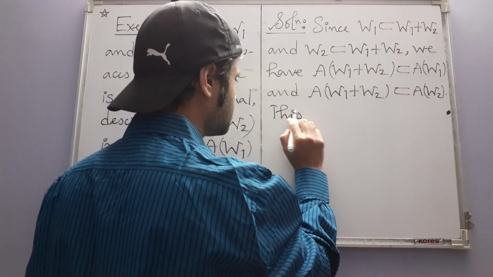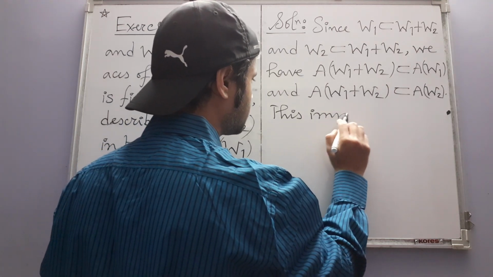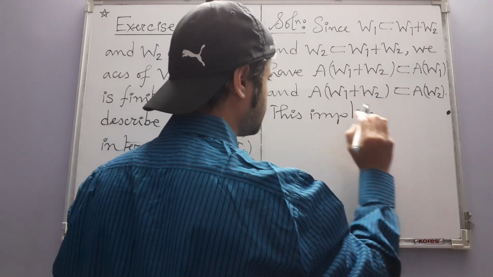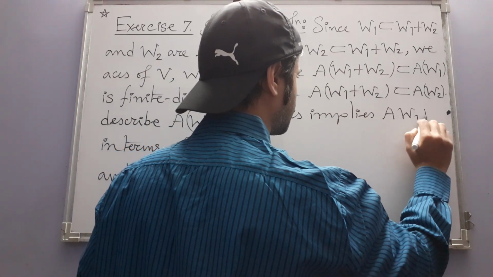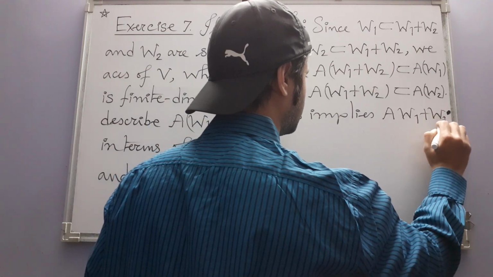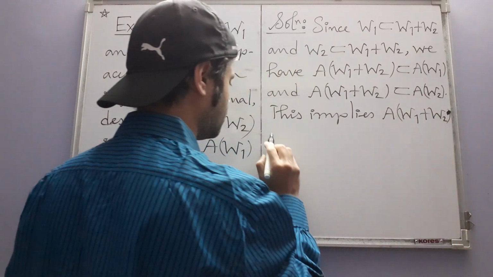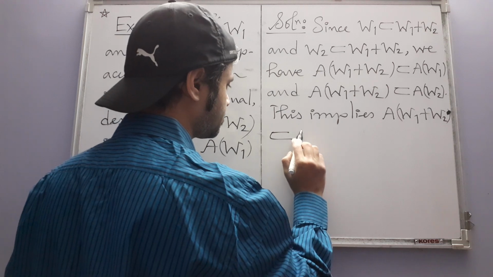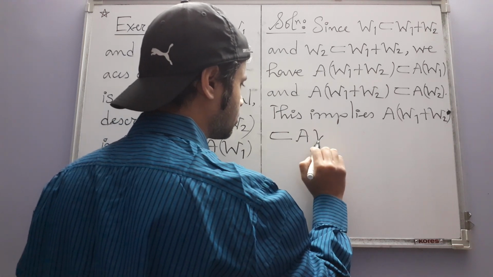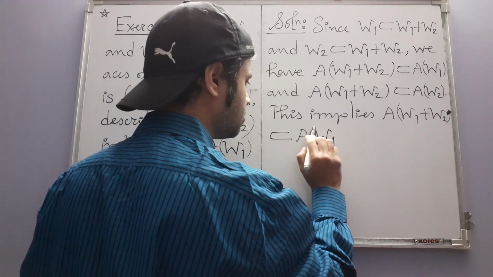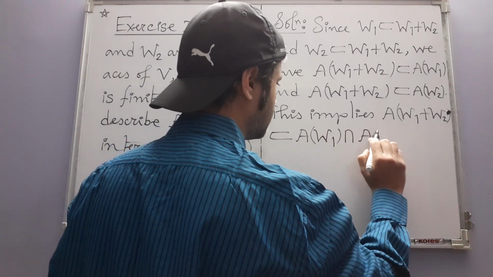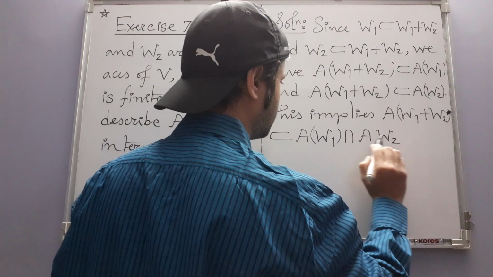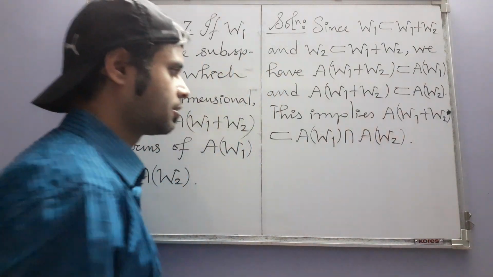This implies the annihilator of W1 plus W2 is contained in their intersection.